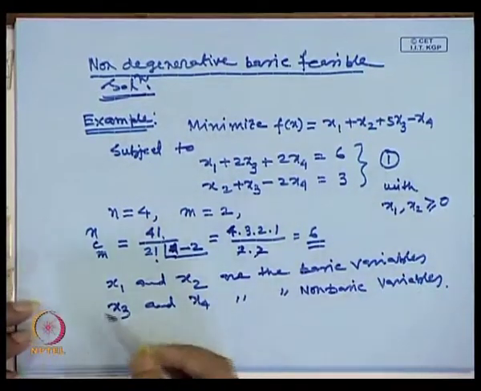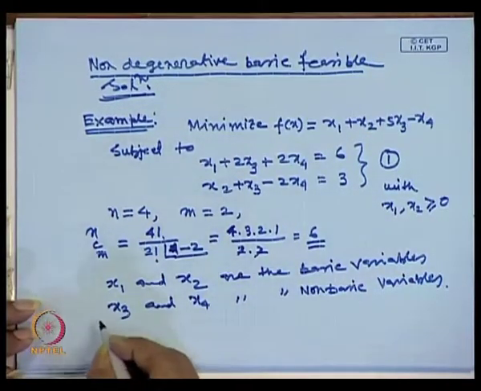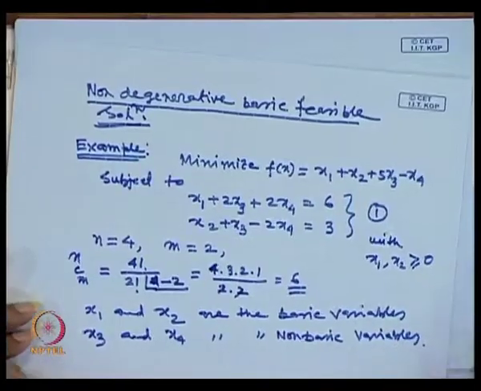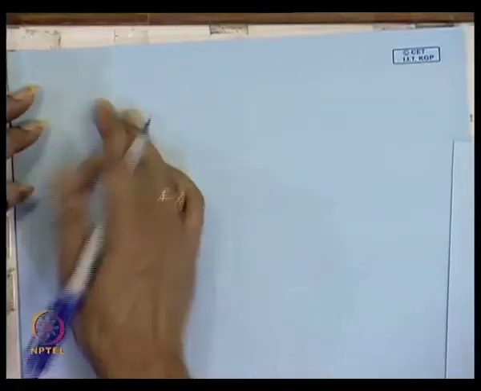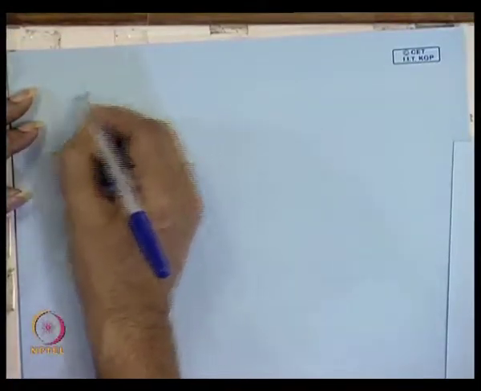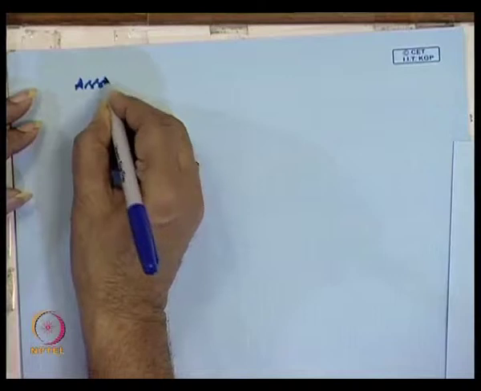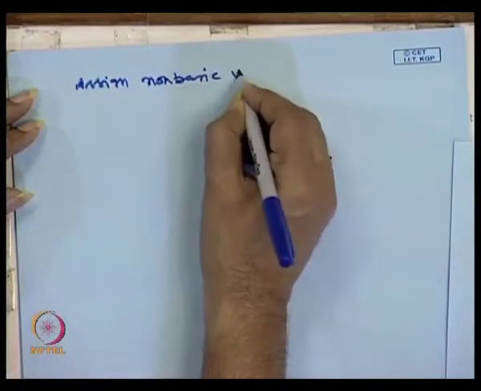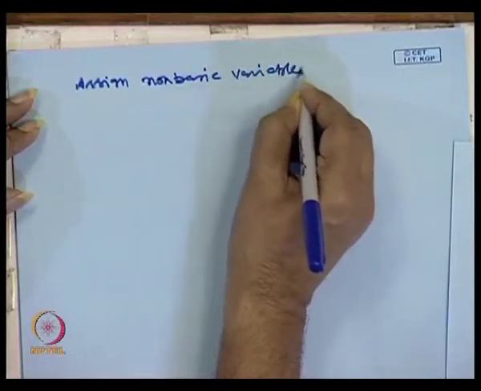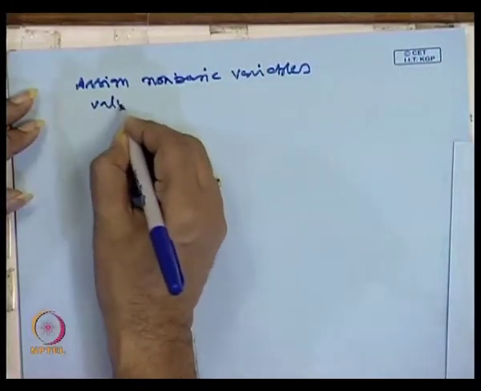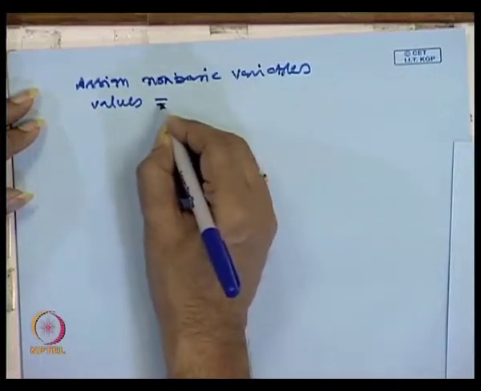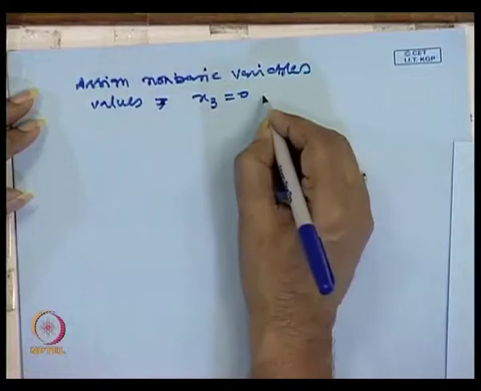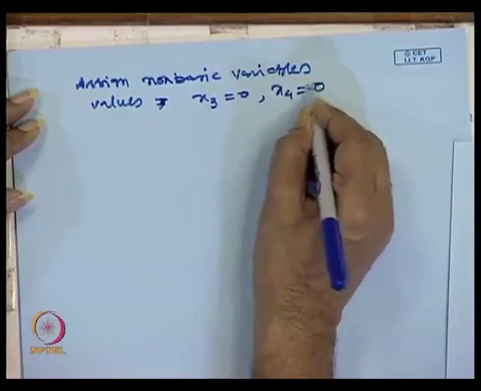Corresponding to this, I can write the solution by assigning non-basic variable values x3 equals 0 and x4 equals 0.